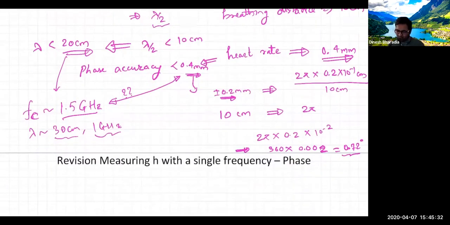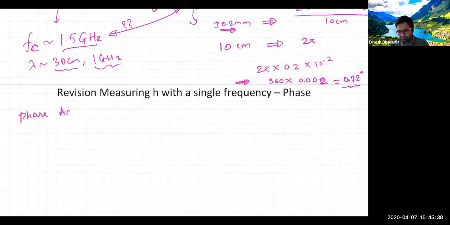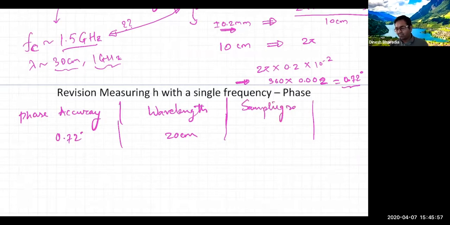So let's revise now. I have the phase accuracy needed. I have wavelength, 20 centimeter, 0.72 degrees. And what else do I have? Sampling rate. What is the sampling rate, folks?